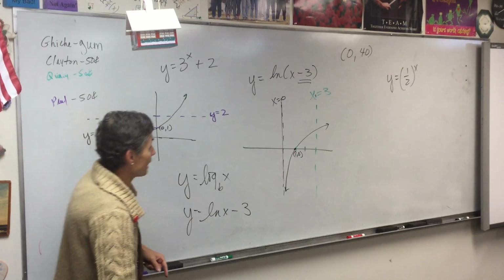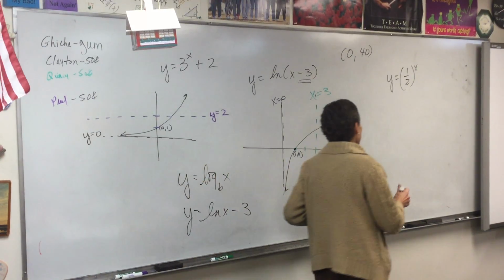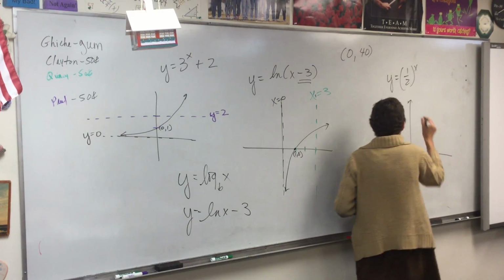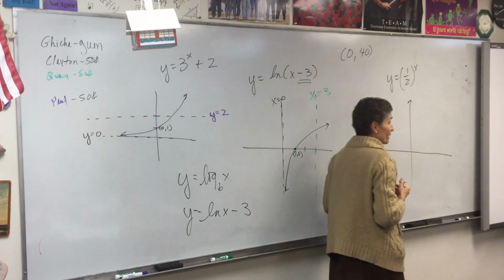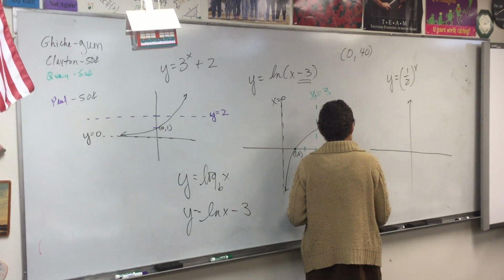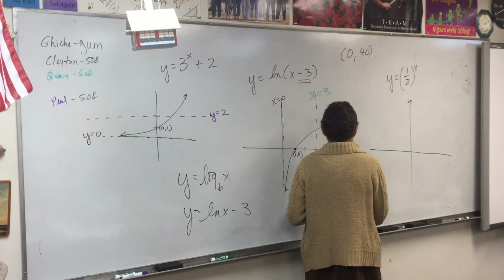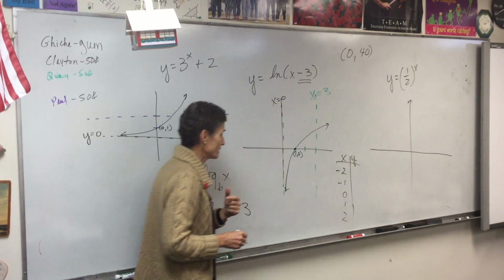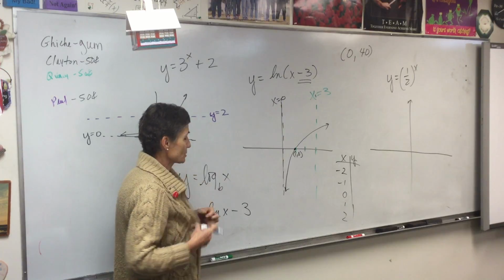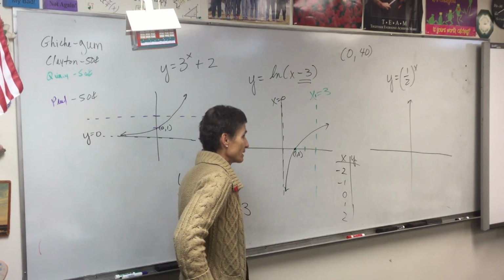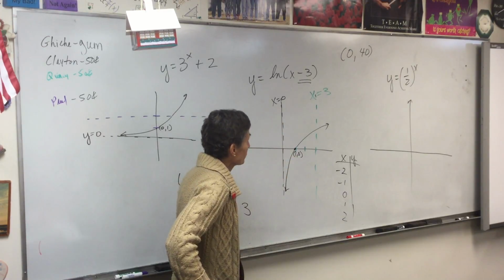Now, on the test, I have asked you to actually plot some points. So let's approach that. Even though I already know basically what that's going to look like, let's plot some points. And let's just go with the easy ones. We want to keep the numbers relatively small. So when we say plot points, we mean set up a t-chart, pick some x's, plug them in, get the corresponding y's.